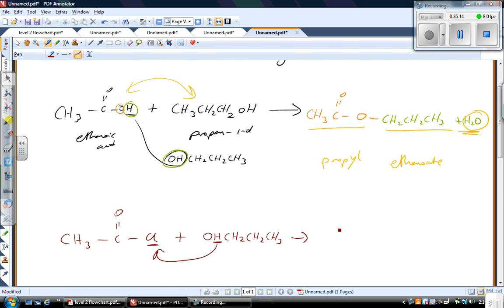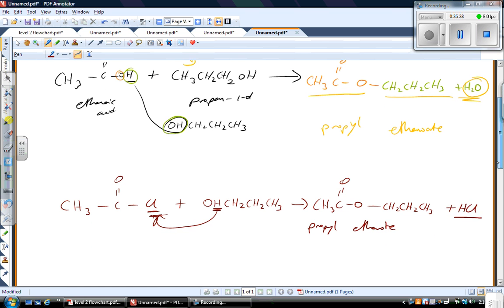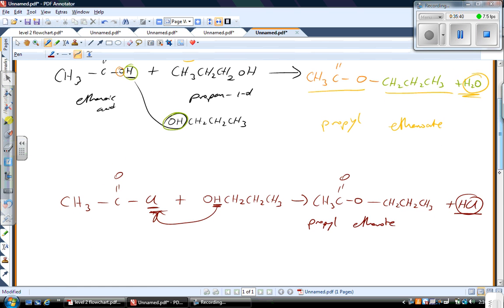So as a product, you get the same ester, you can see that hopefully, and the same side group stuck onto that, plus HCl. So the HCl comes from there and there. The product is still propyl ethanoate, but in this case you get HCl as your small molecule being lost.